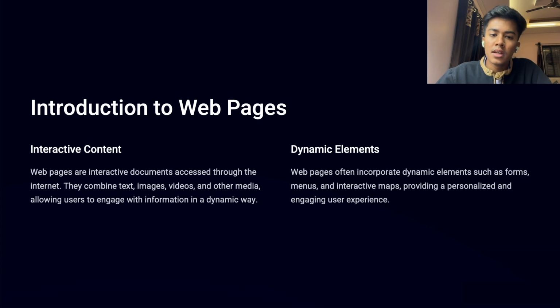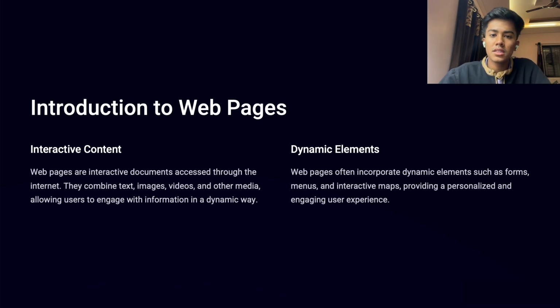For example, text for articles and information, images to support the content visually, video and audio for tutorials, music or entertainment, like this one. Web pages also include interactive elements that allow you to engage with content. Think about forms, search bars, interactive maps.